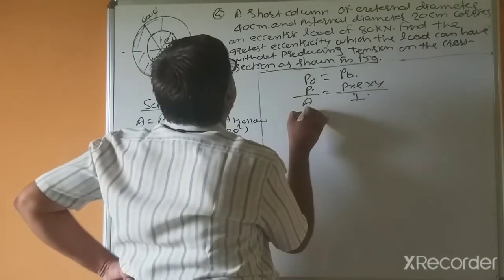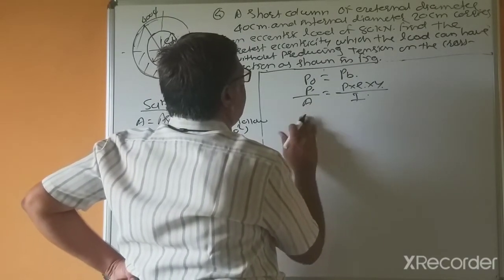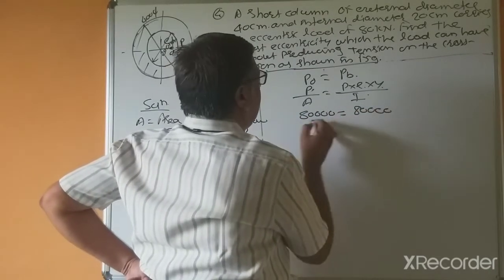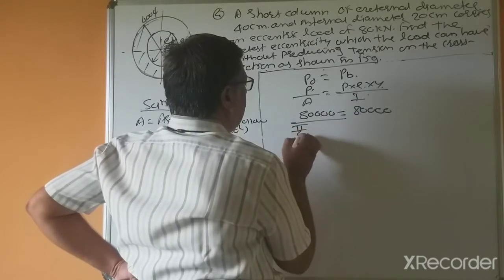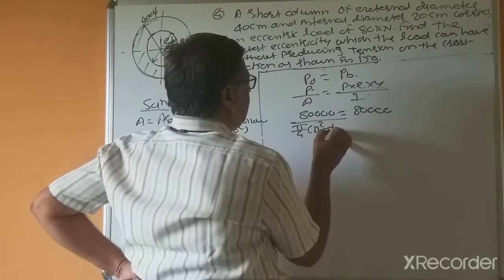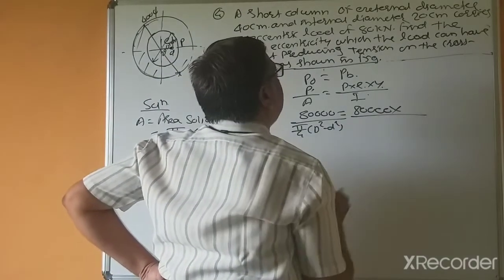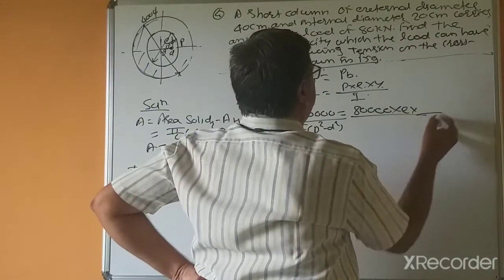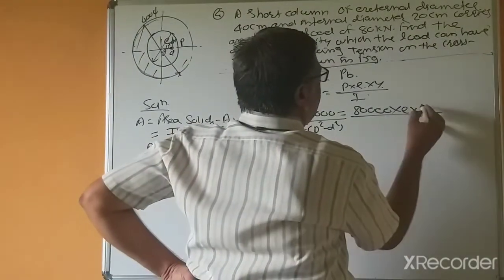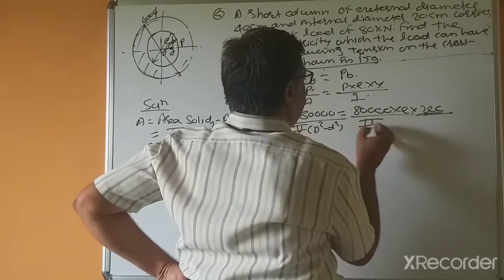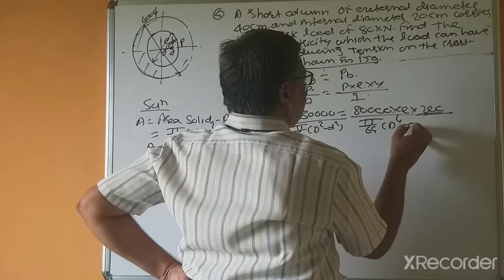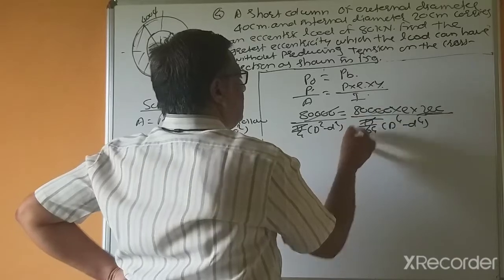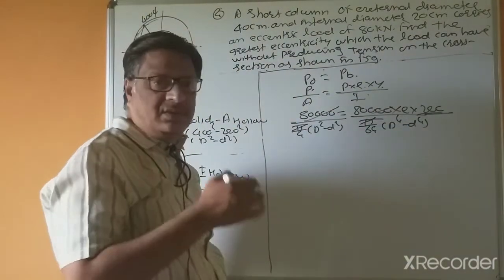The load P is given as 80 kilonewtons. Area is pi by 4 into capital D square minus small d square, multiplied by E, equal to... Greatest eccentricity means this is E, Y equal to 200 mm, and this is pi by 64 into capital D raised to 4 minus small d raised to 4. So this gets cancelled.